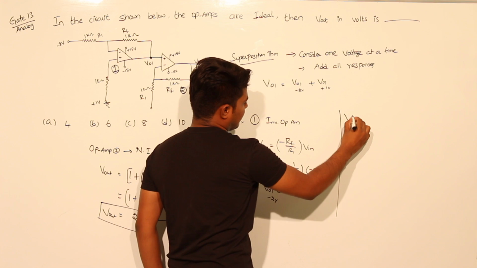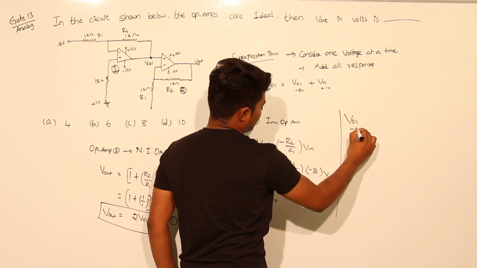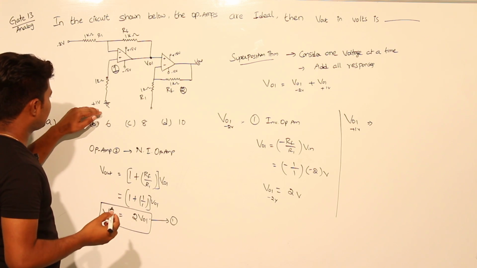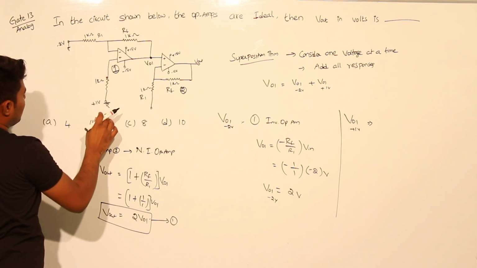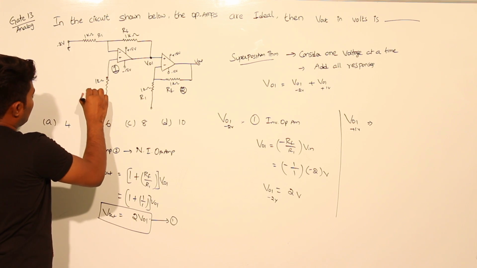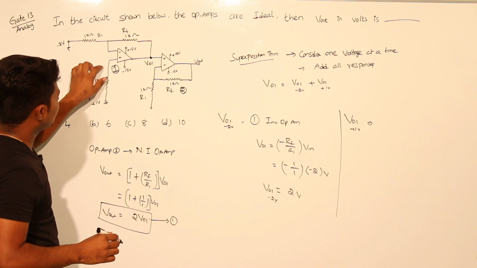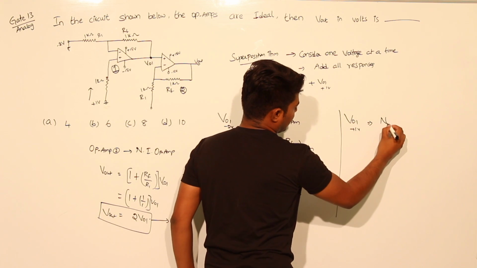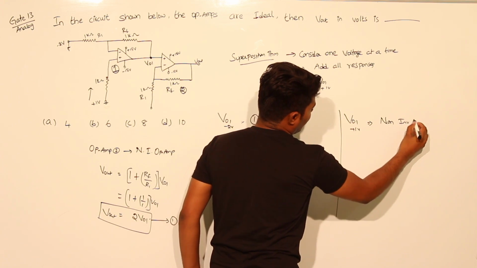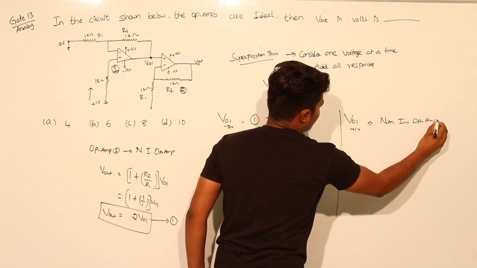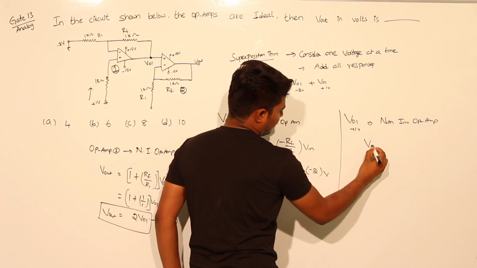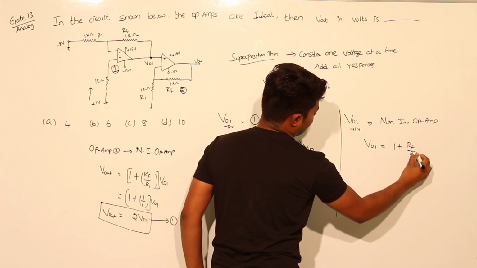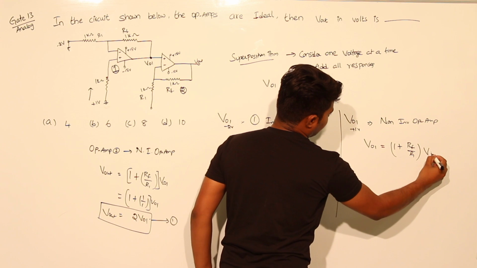Now we will calculate VO1 due to plus 1 volt. If you consider this plus 1 volt, the other terminal will act as ground. Now it is connected to the non-inverting terminal, so this will act as a non-inverting op amp. For this, VO1 equals 1 plus RF by R1 into Vin.